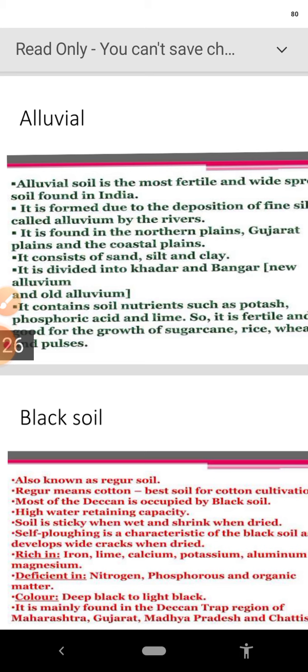Alluvial soils are mostly fertile, in which almost all the crops can be grown.